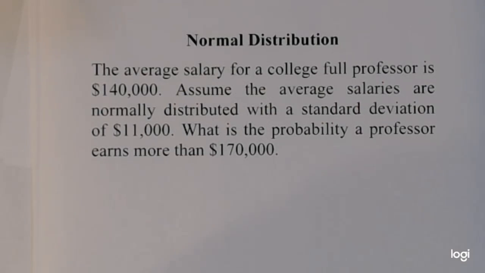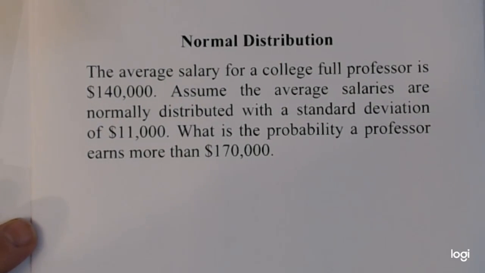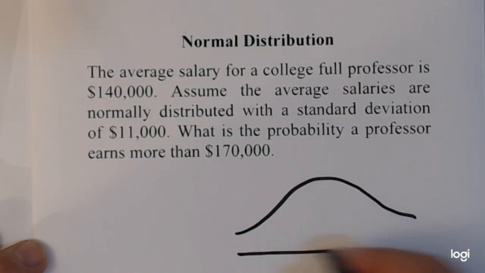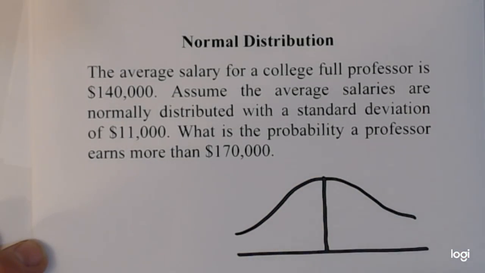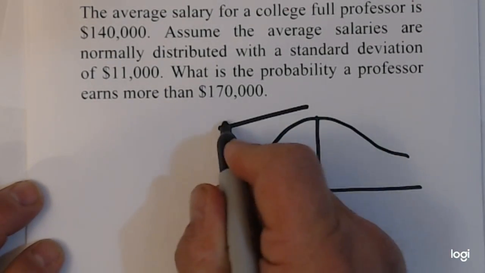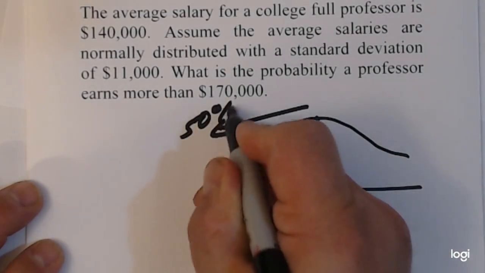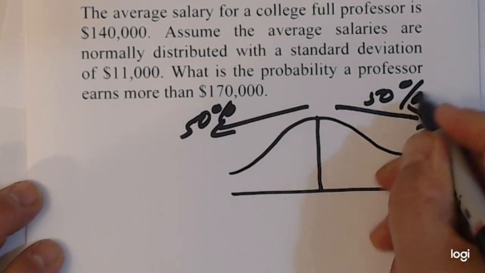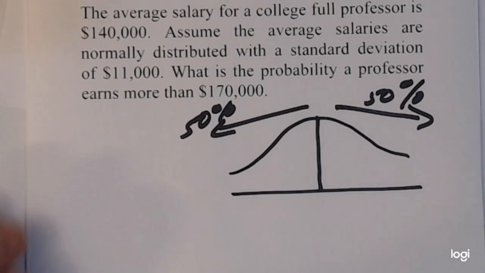Okay, so we're doing normal distribution problems. This is the second of two videos I'm putting up on the normal distribution. Remember, the normal distribution is a symmetric bell-shaped curve with 50% of all observations lying to the left and 50% lying to the right of the mean.